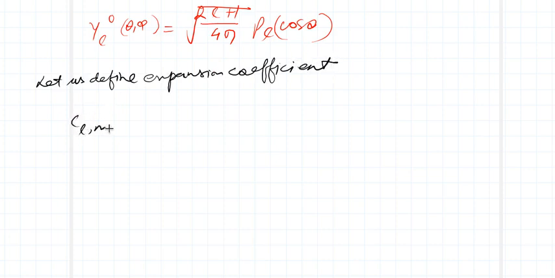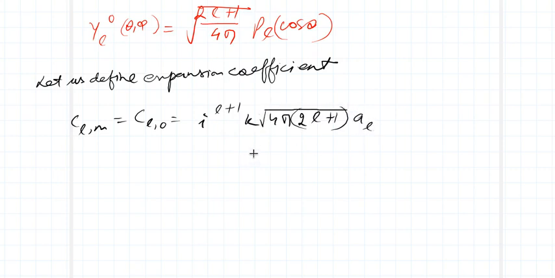So C_LM is equal to C_L0, and this is i raised to power L plus 1, into k times the square root of 4 pi (2L plus 1), into A_L.